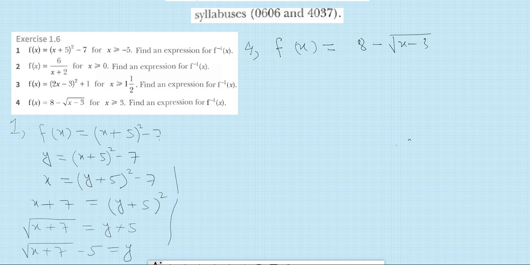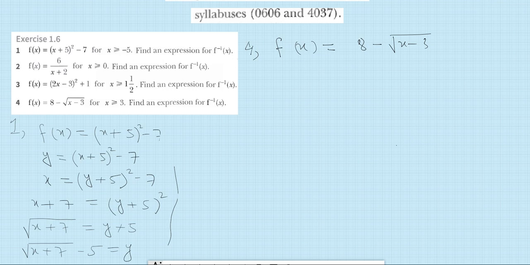You can see in each and every question from 1 to 4, x is greater than minus 5, greater than 0, greater than 1 whole 1 upon 2, greater than equals to 1, greater than equals to 3. But these values of domain have no relation with this inverse. So just find the inverse.